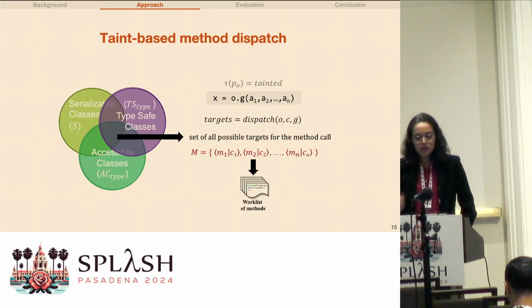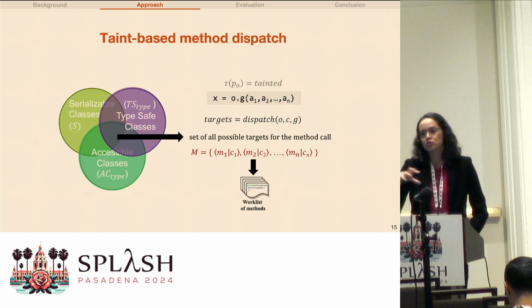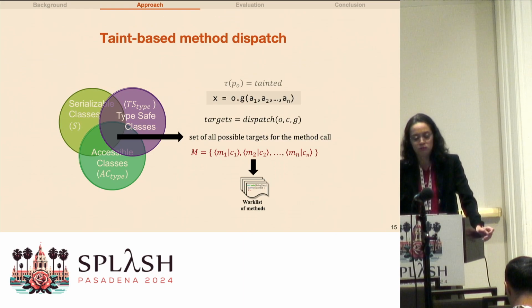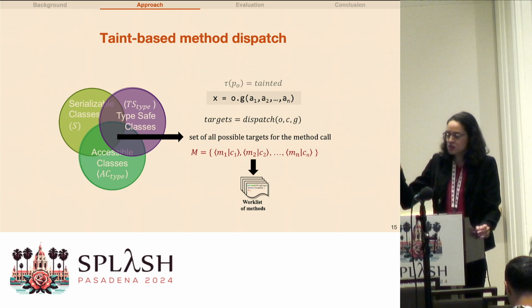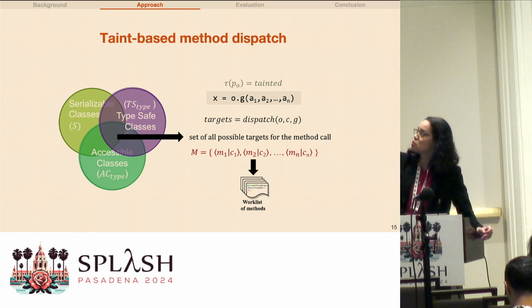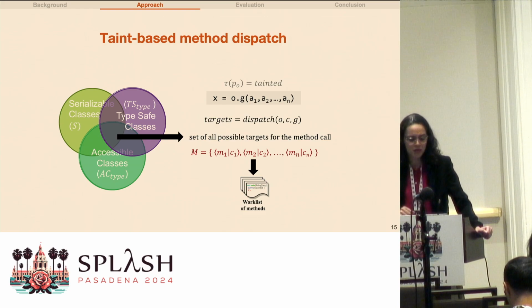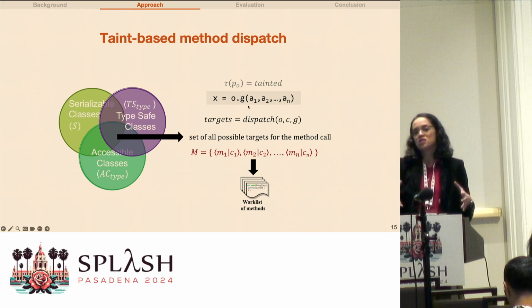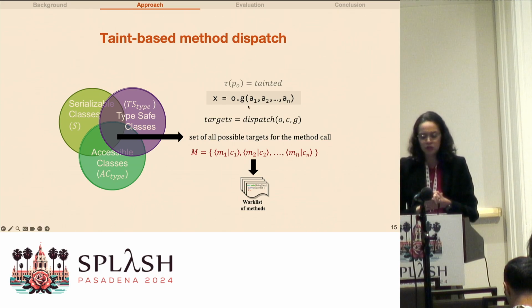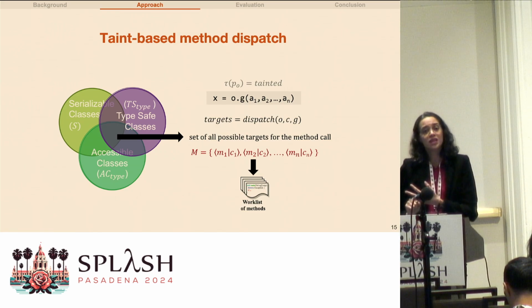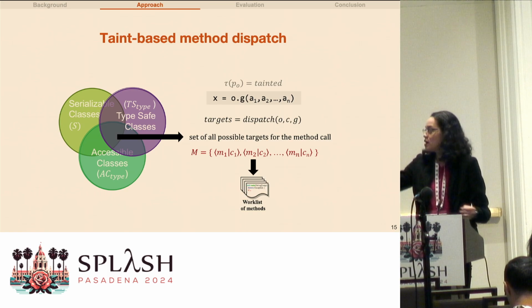So once we do that, we can take into account those taint states when we are computing the dispatch for a given method call. Notice here in this example, I have x equals an object O, and I'm invoking the method G and passing some arguments to it. When I compute the dispatch, I take into account the static type of O, the context in which that object is, and the method signature.